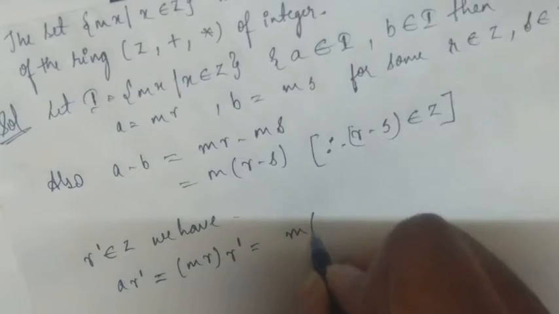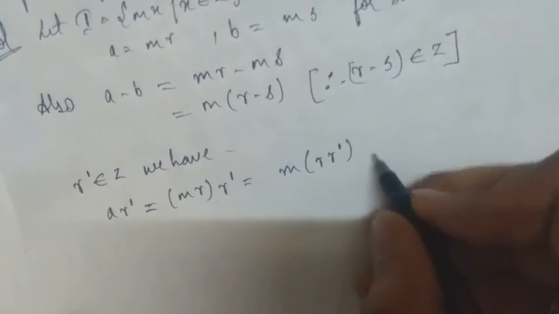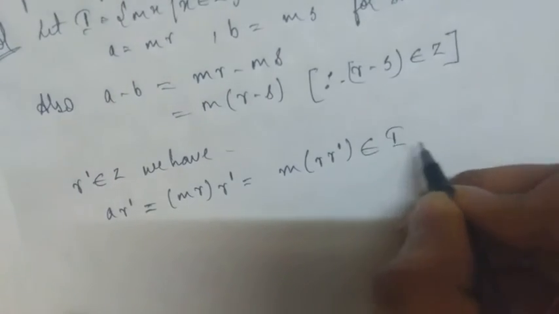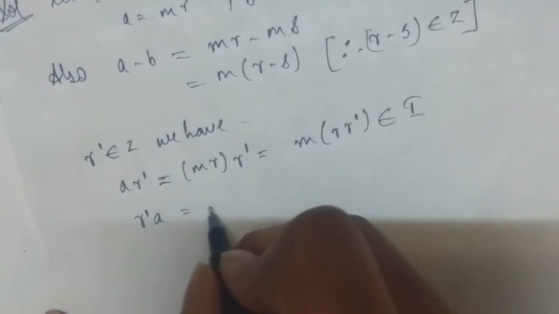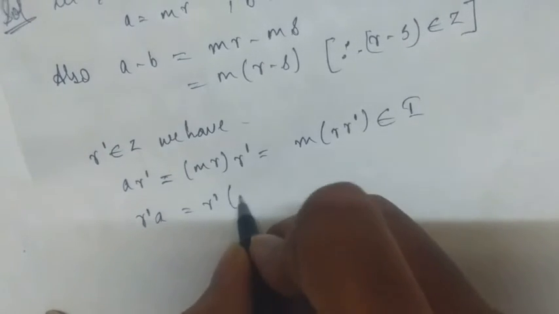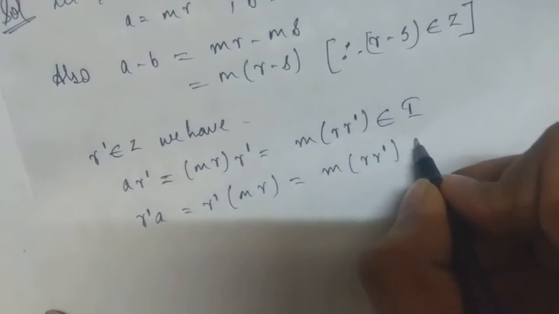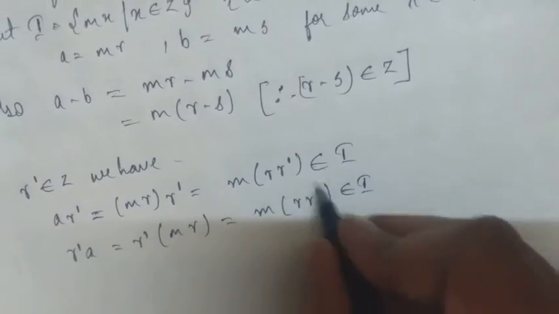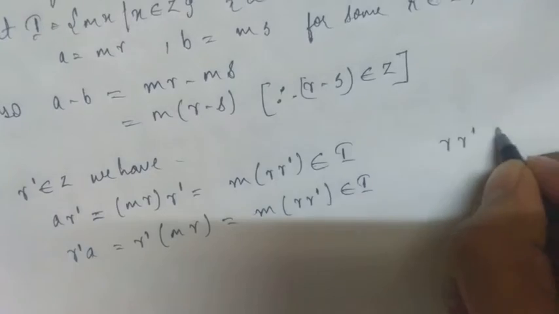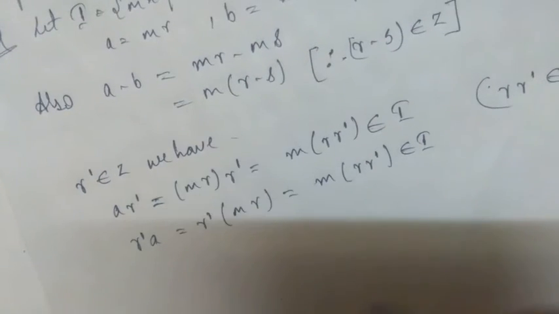We can write it in this way, this belongs to I. Let's apply the second property here, m r r dash, which also belongs to I, where r dash also belongs to an integer. By this we can say it is an ideal.